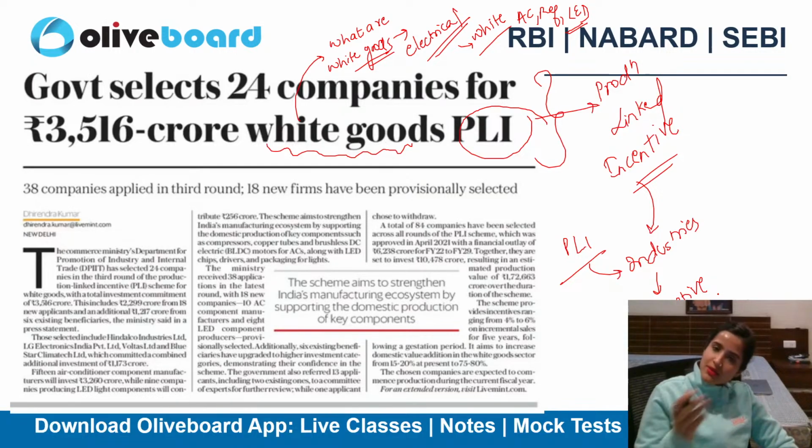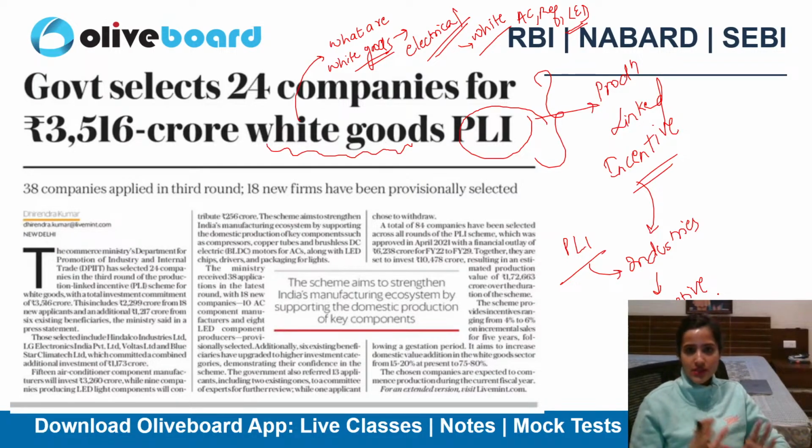Rather than giving them subsidies in the initial stage, after they have established a company or a firm, you provide them incentives if they fulfill some criteria. For example, they have increased their sales. Because of the incremental sales, you are providing them with incentives. So that is what your PLI scheme is about.